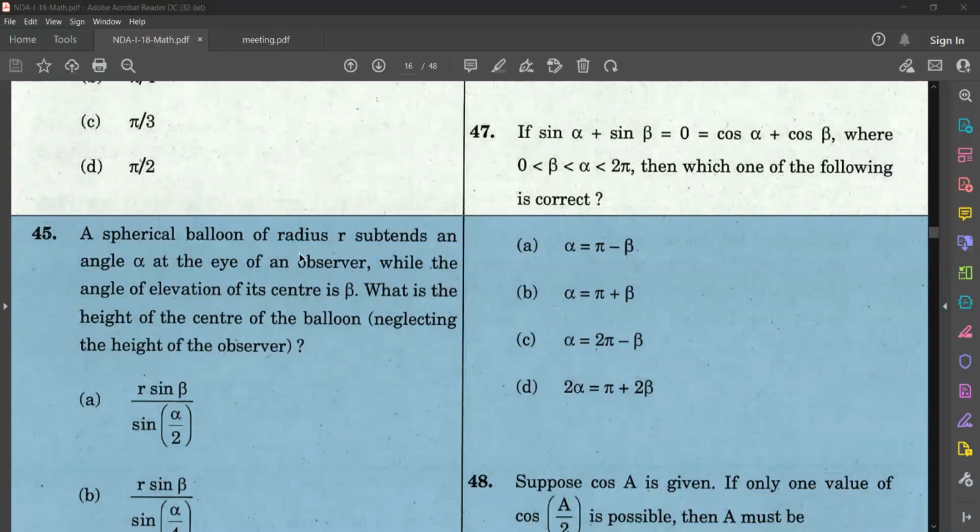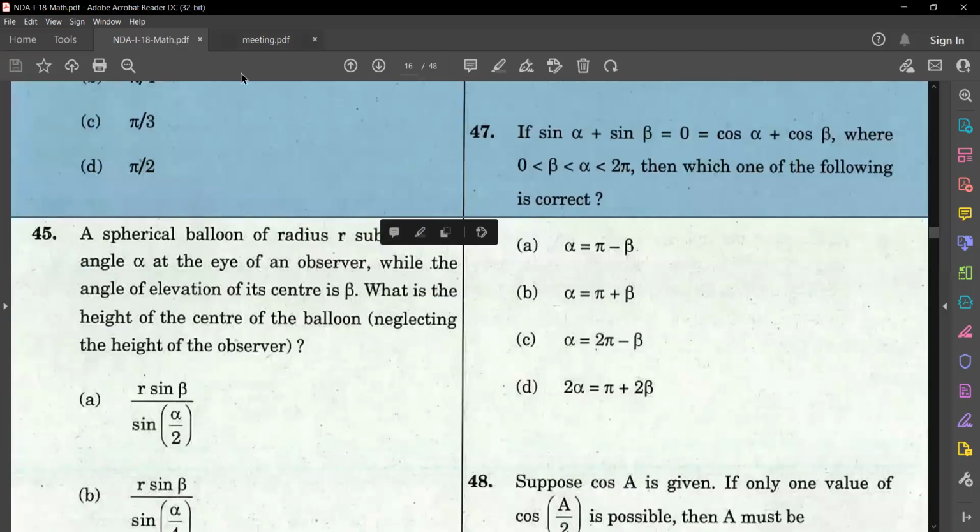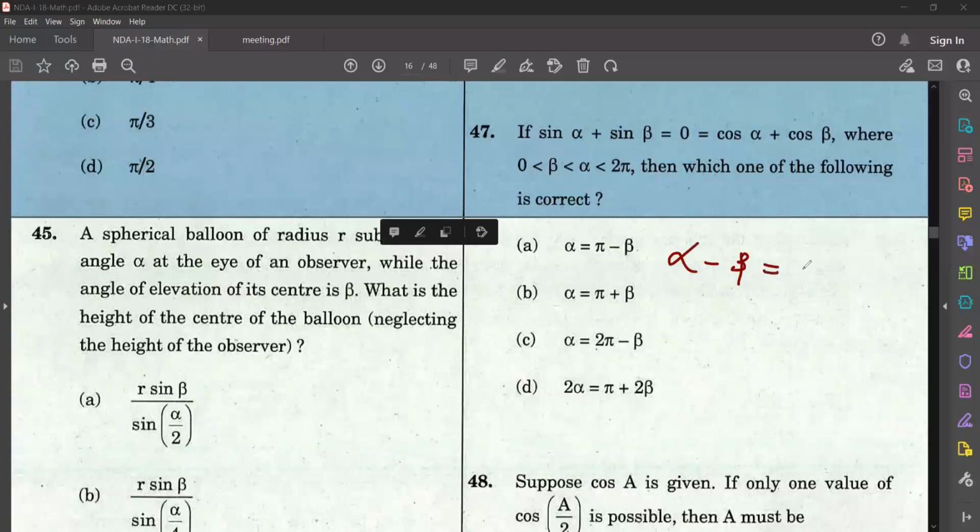So we have got here alpha minus beta is equal to pi, isn't it? So alpha is equal to beta plus pi or pi plus beta. So the answer for this question is alpha is equal to beta plus pi or pi plus beta, option B.